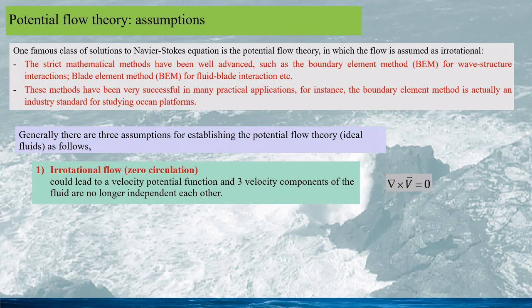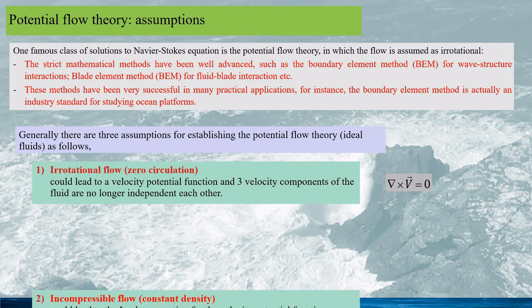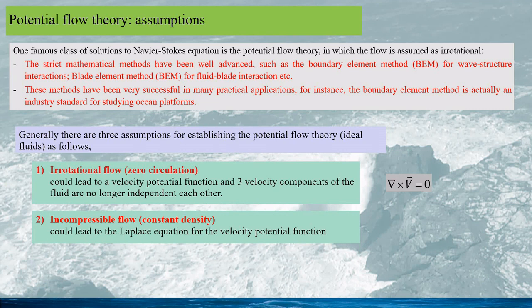The mathematical equation for this assumption is the curl of the velocity vector is 0. The flow is incompressible. This is acceptable for many practical problems for which the flow speed is not very large. The mathematical equation for incompressible flow is given by this equation.